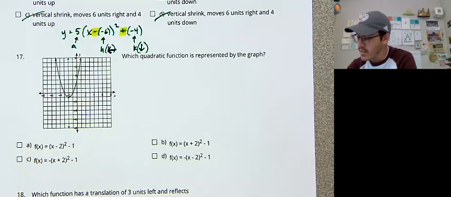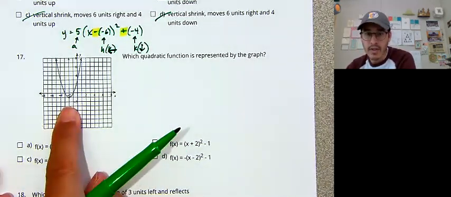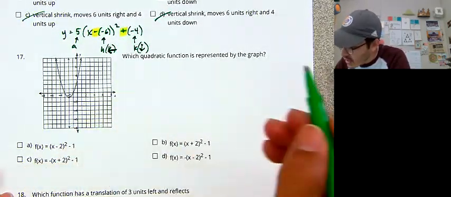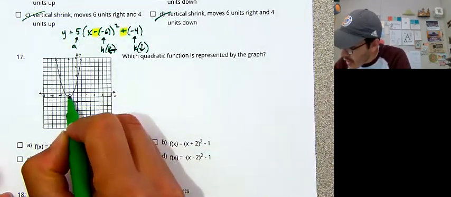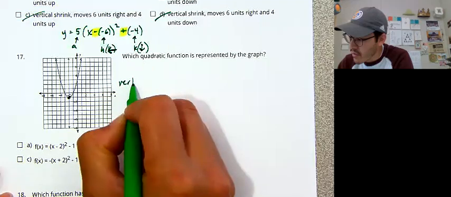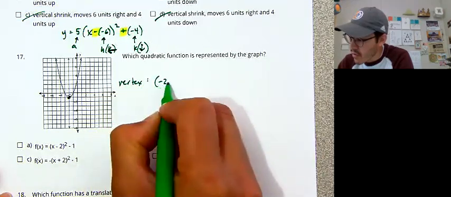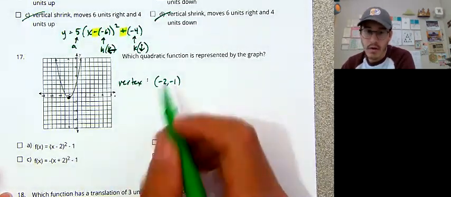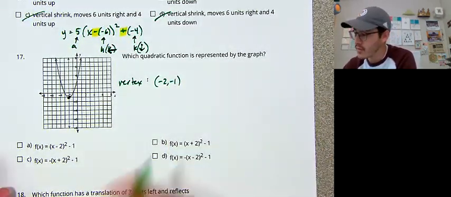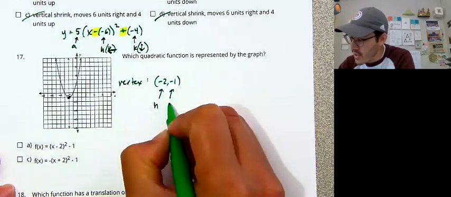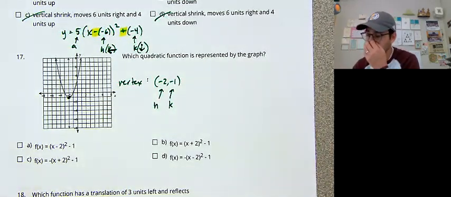All right, 17. So we've got a parabola and we want to write the function. I can see the vertex there has coordinates -2, -1. And remember that these are also the H and K values in the vertex form. So I know the H value is -2 and the K value is -1.